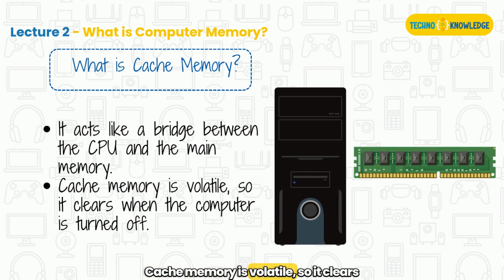Cache memory is volatile, so it clears when the computer is turned off. Cache memory also stores data and programs that the CPU uses most often. It's like a super helper for the CPU.